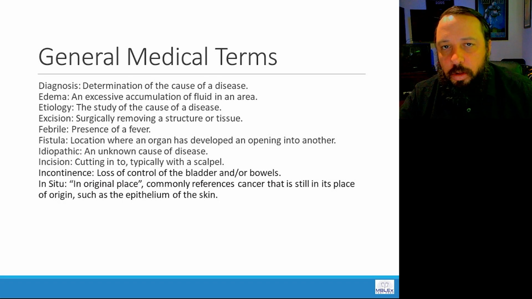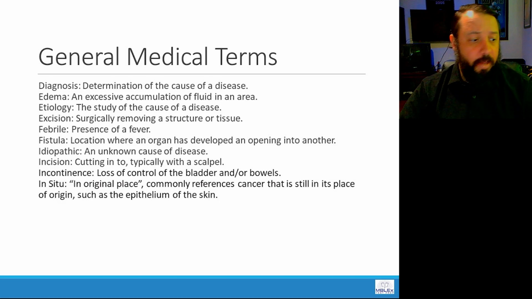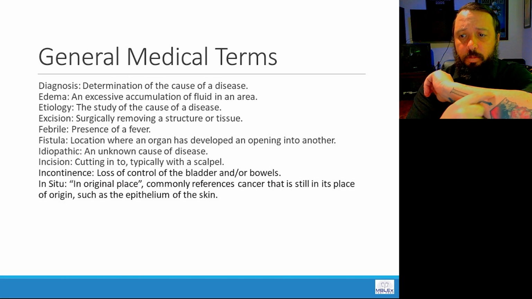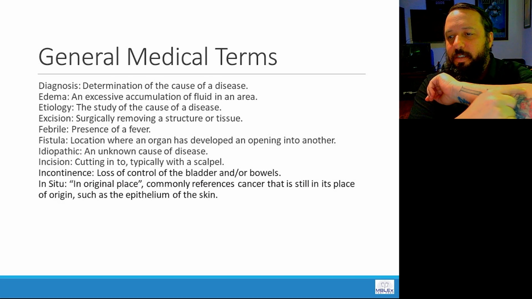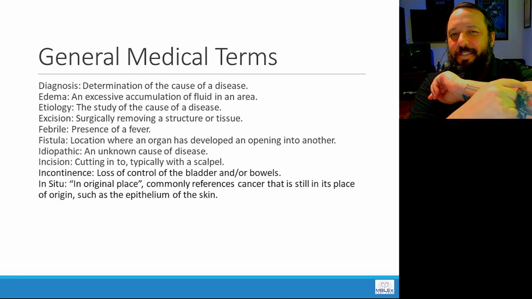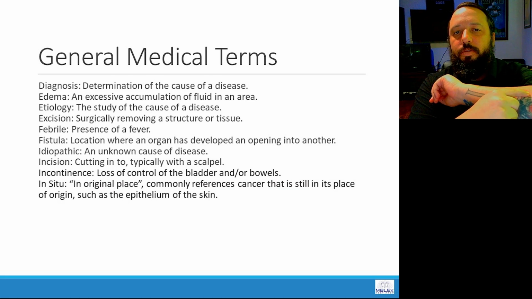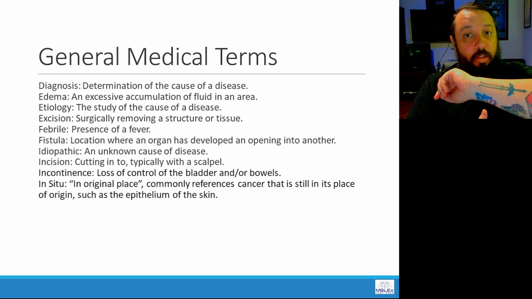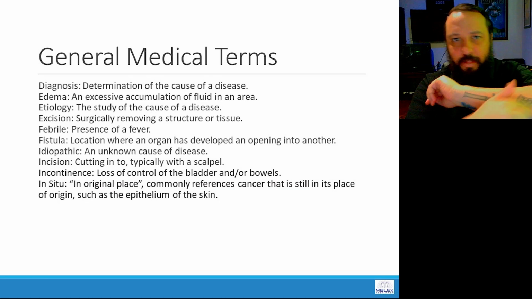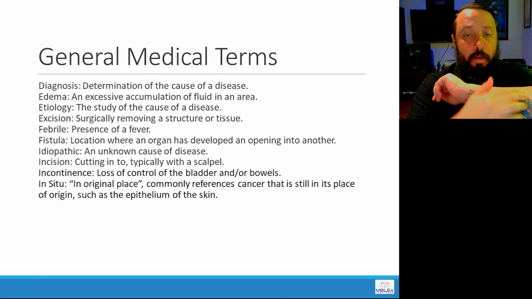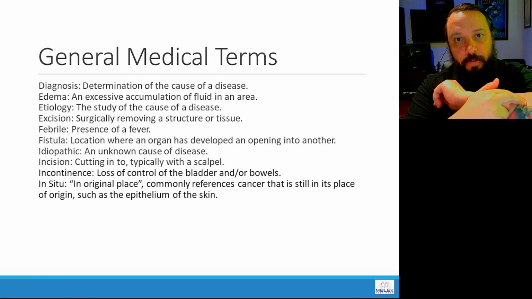Like melanoma: if I develop melanoma right here, right next to Solid Snake, and then it spreads throughout the body, this is still here. That's melanoma in situ, right there. That's the spot where the melanoma first developed.